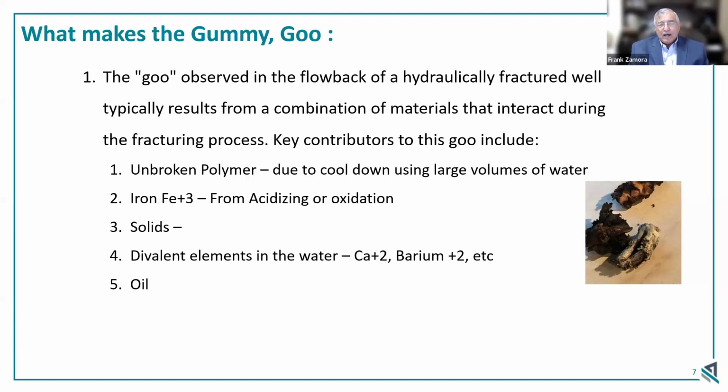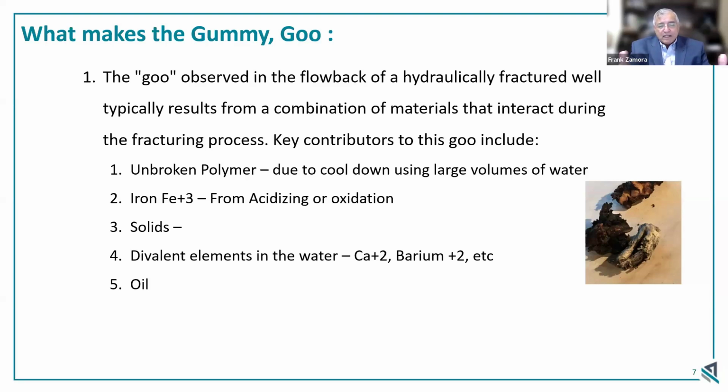But I think a lot of this is actually coming from something we're putting in ourselves, and that's the acid ahead of the frac. If we're spearheading with acid, that could possibly be one of the main bases for the creation of the gummy bear, because we're introducing the Fe3 right into the immediate wellbore.